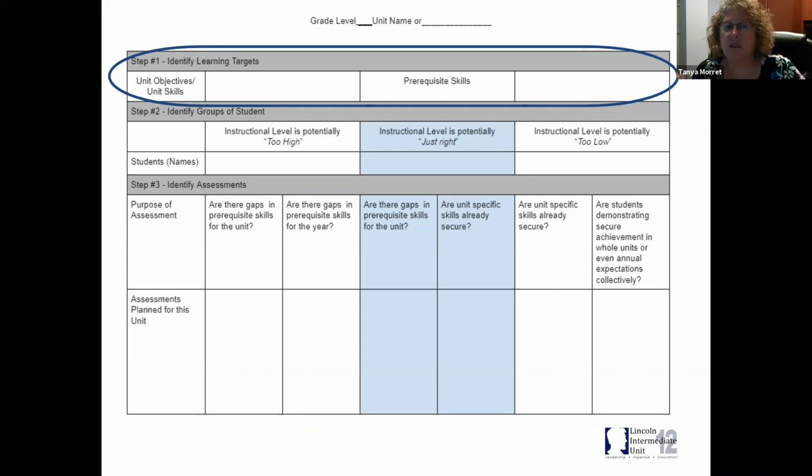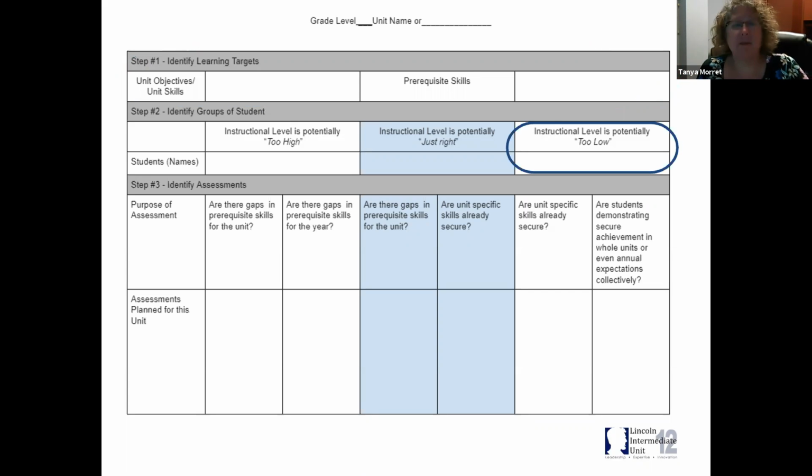At this point, if we are not accelerating them for the whole unit or more, they are still being held to the same expectations in terms of unit objectives and prerequisite skills. The reality is we just might have some students who've already met those prerequisites and really don't need as much instruction in terms of acquiring new knowledge, but may need more time to do the enrichment, applying what they know in authentic and meaningful ways.